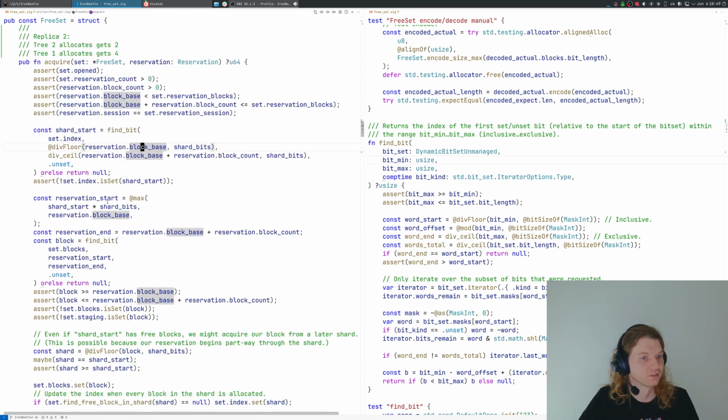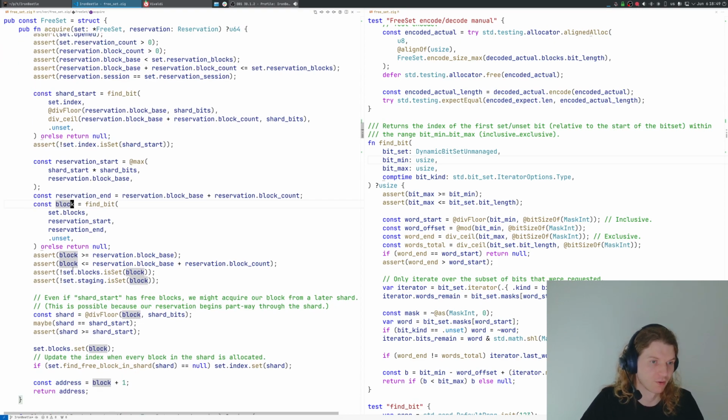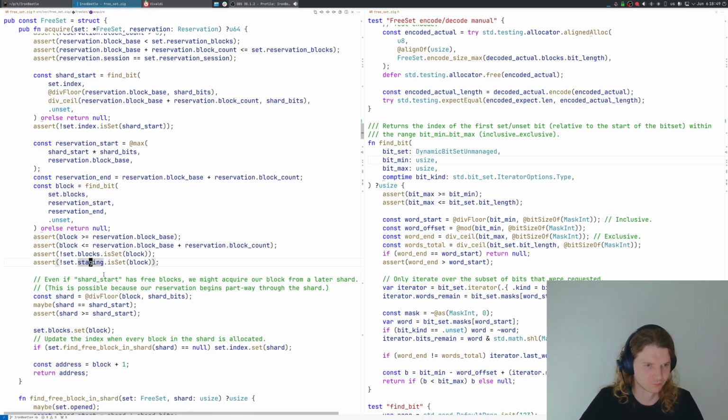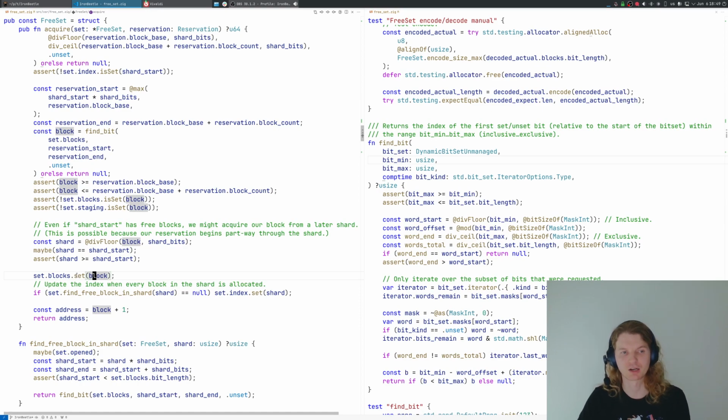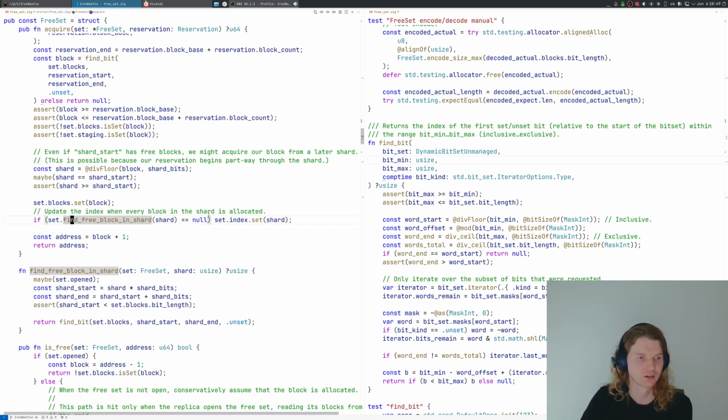And then we find an actual bit in the blocks bit set, which is unset, so a free block. So we found a block. This block should not be allocated. This block should not be released. And then we mark this block as allocated. We also mark the corresponding shard as allocated if it becomes full.